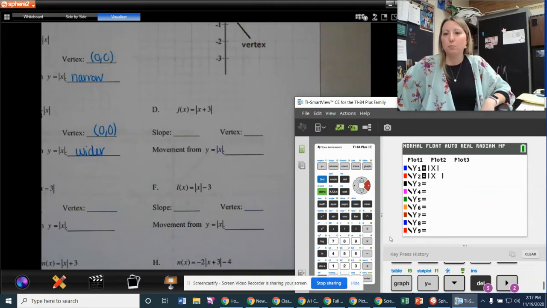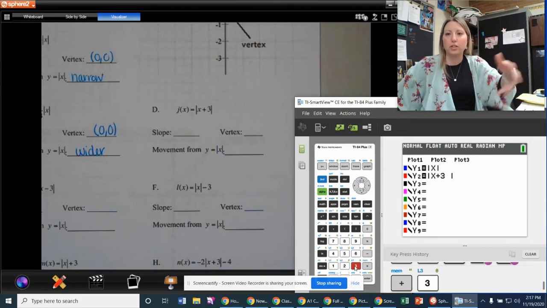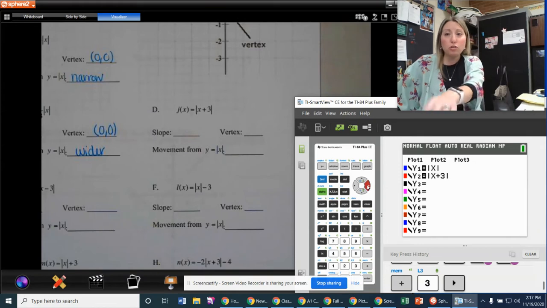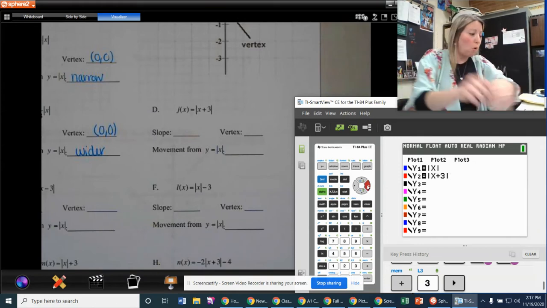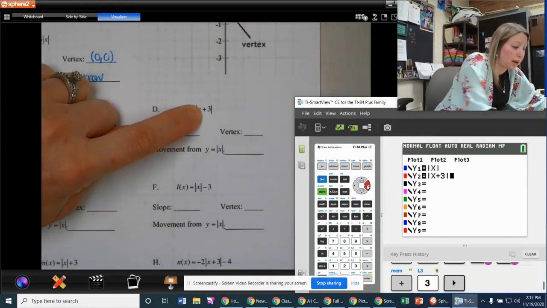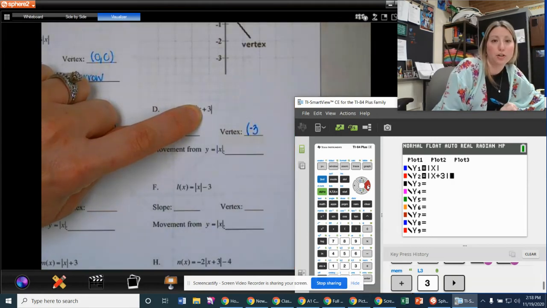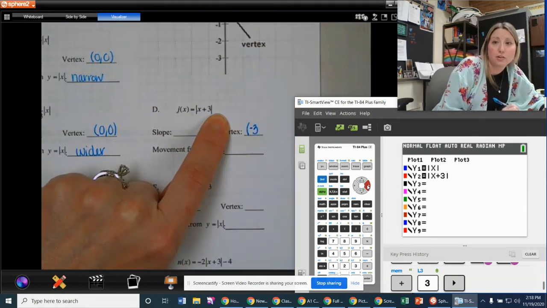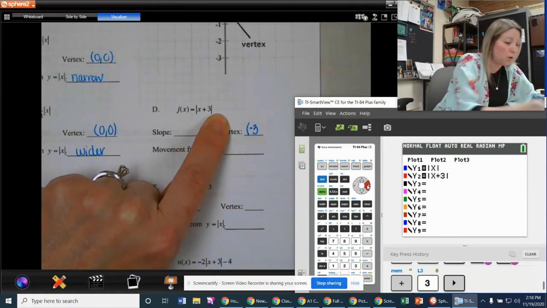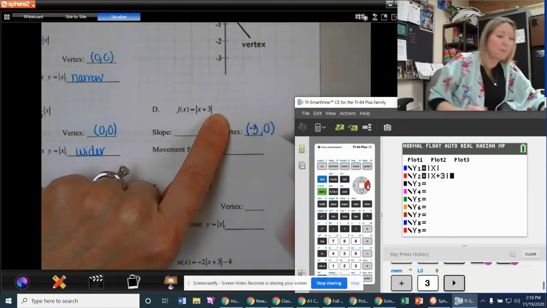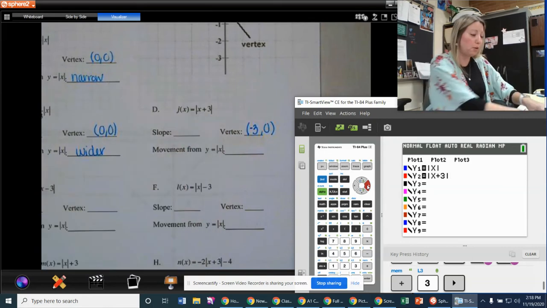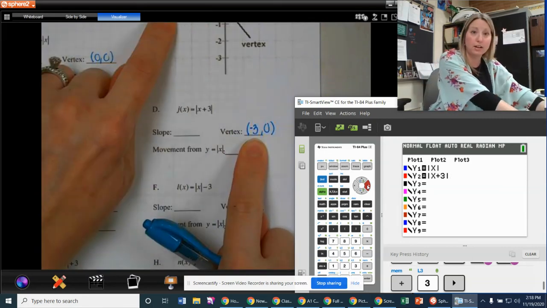So I can just press +3 and I'm still inside the bars. Now I can arrow out. Now +3 means what comes out of this for the vertex is a -3 for the X value of the vertex. Is there anything added or subtracted out here? No. So it's still a 0 for the Y part of the vertex. But this has told me the vertex moved left because it's -3.